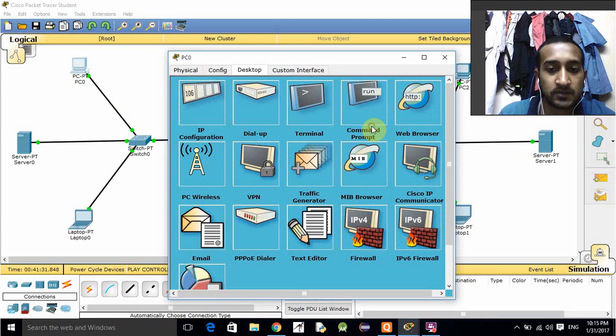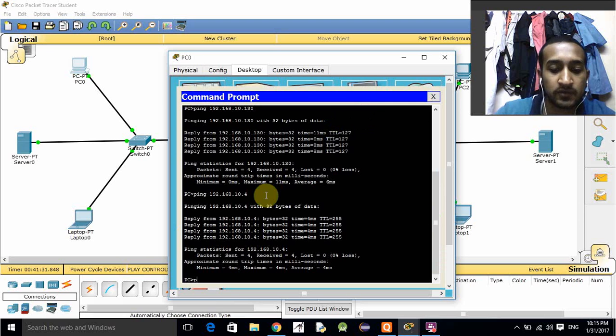In that I gave the IP of the router, ping 192.168.10.3.